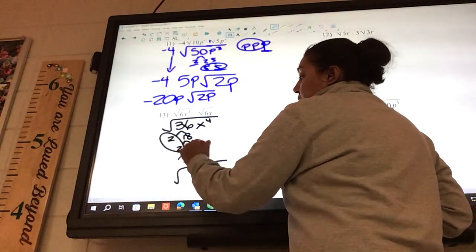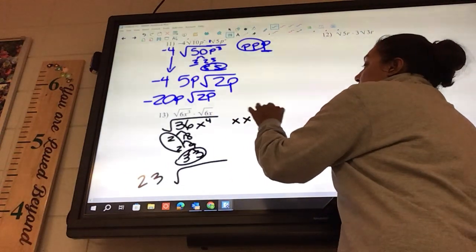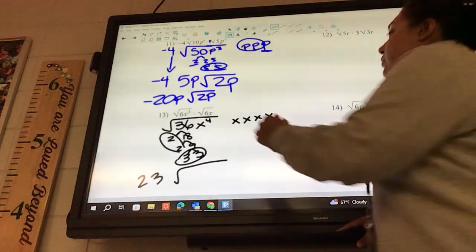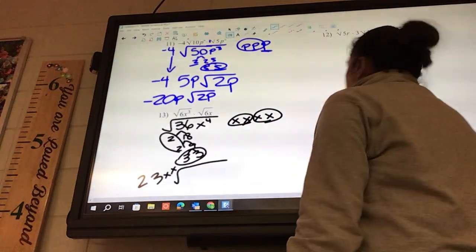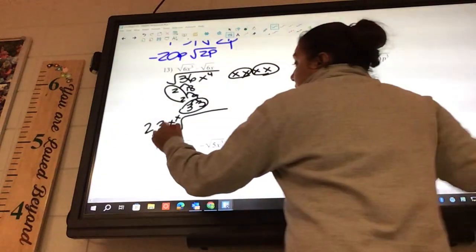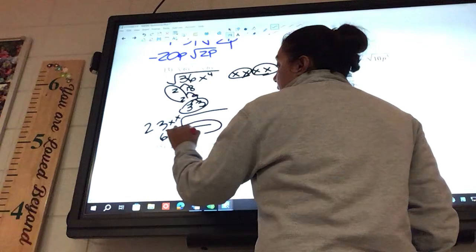So the 2's can go and the 3's can go. And then there are 4 x's. So 2 of these guys can go, 2 groups. So x and x. So on the outside, it's going to look like 6x squared with an empty house, essentially.